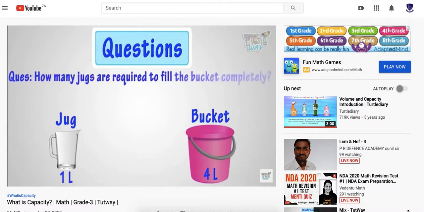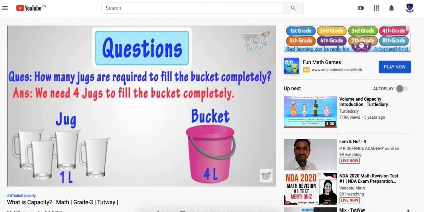Then, how many jugs are required to fill the bucket completely? 1 jug will contain 1 liter of water. So, 4 jugs will make 4 liters of water. So we need 4 jugs of water to completely fill the bucket.